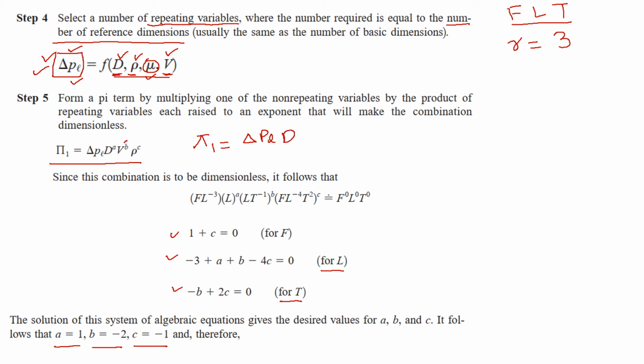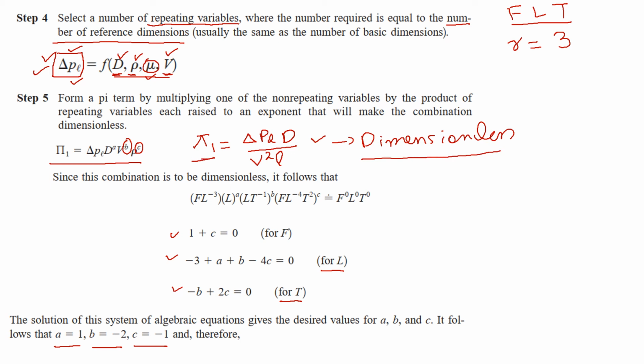The velocity will have a power of -2, so it will drop to the denominator, and the density has a power of -1 now, so it will also drop to the denominator. So this is our first pi term, and this is a dimensionless entity now.